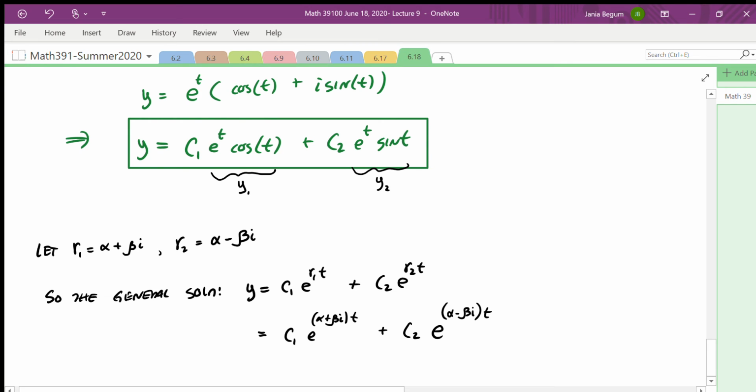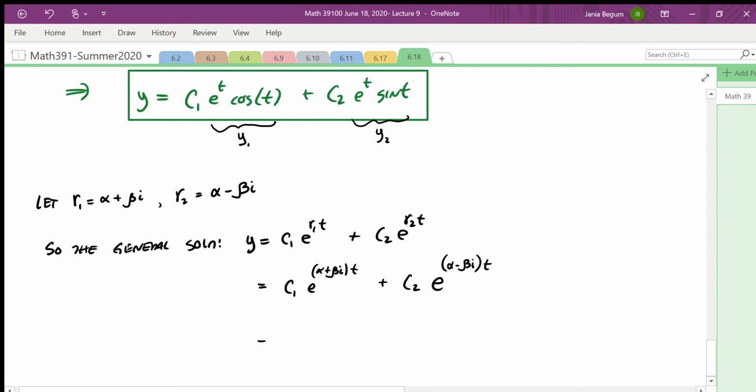Now here I'm going to use laws of exponents to split up the exponentials. So we have c1 e to the alpha t times e to the positive beta i t plus, now the second one, again using laws of exponents, we have e to the alpha t times e to the negative beta i t.